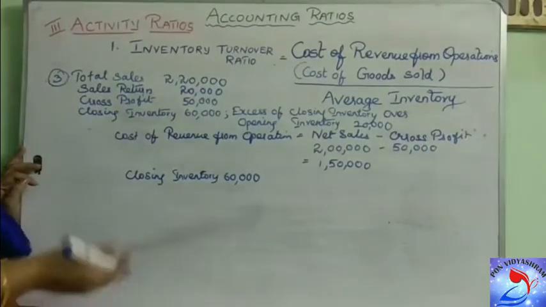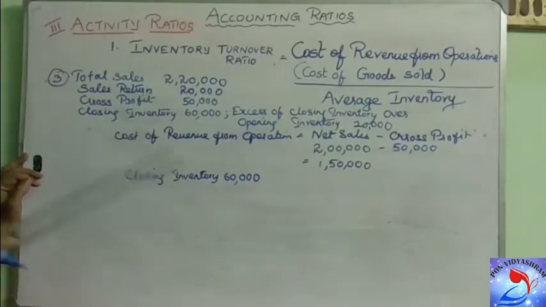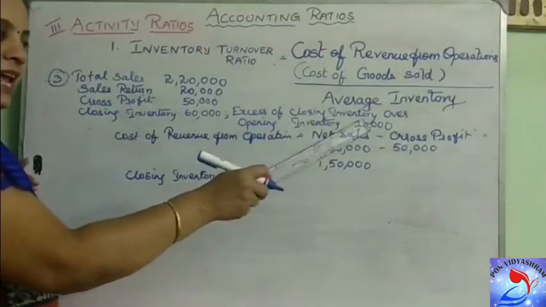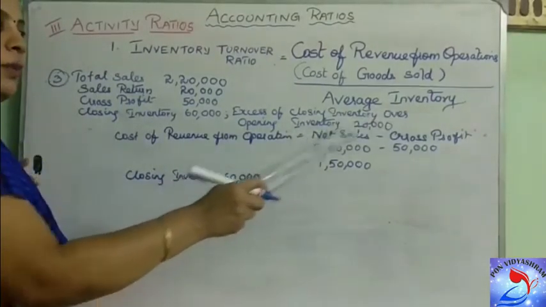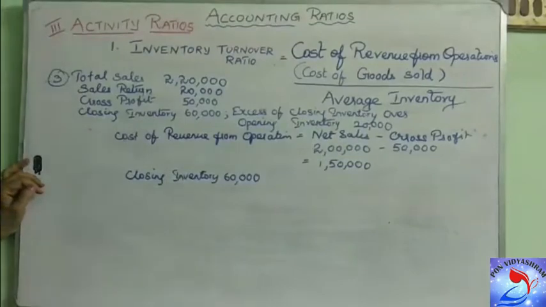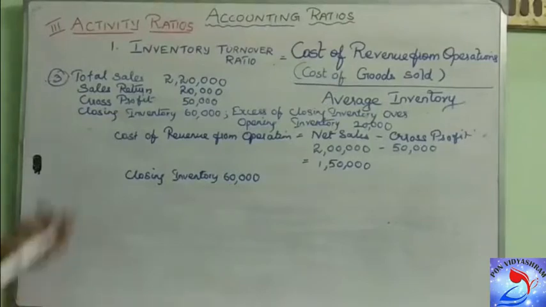That means your closing inventory is 20,000 more than the opening inventory.